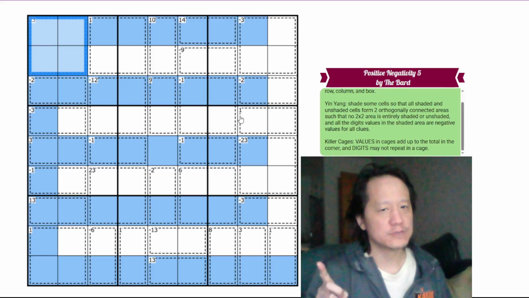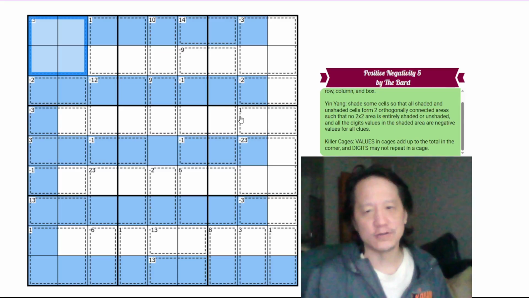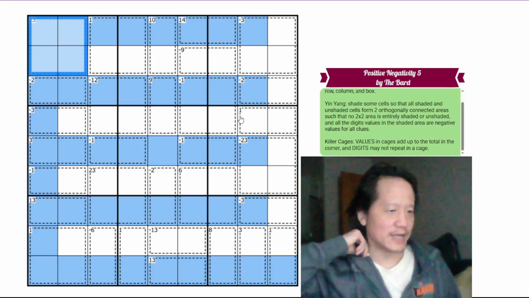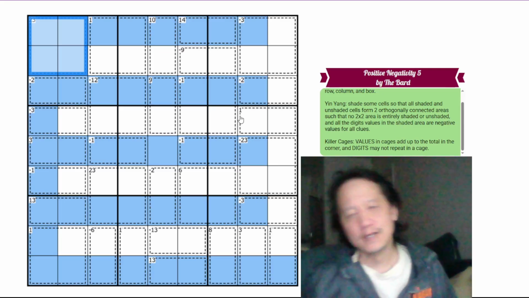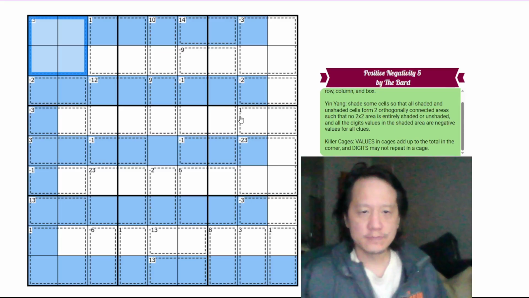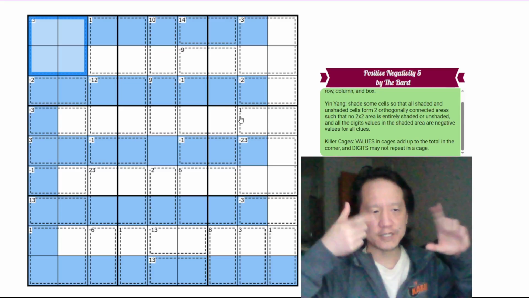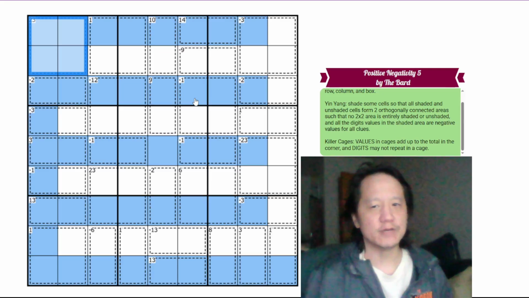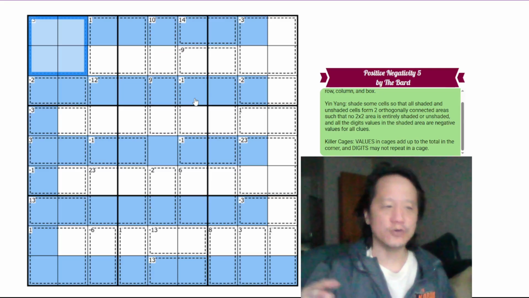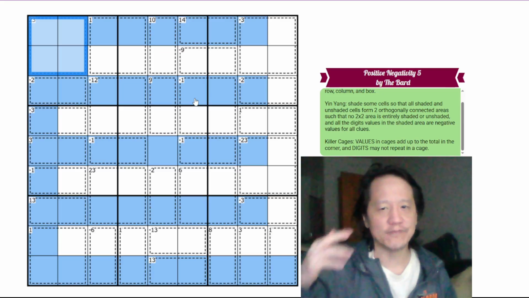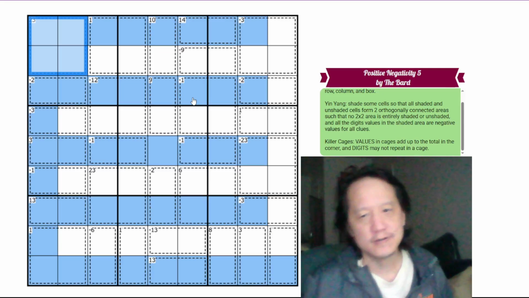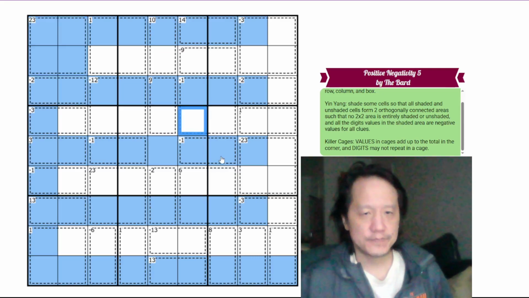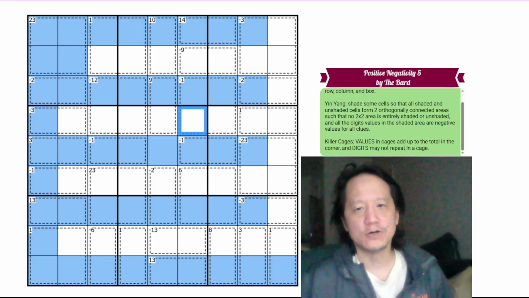Values can't repeat either, because they would have to have negative value or positive value, and the digits preclude essentially having the same values. So digits cannot repeat within a cage, and because of that, we know you can't have the same values in a cage either. And those are all the rules.